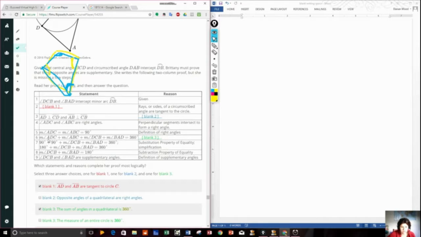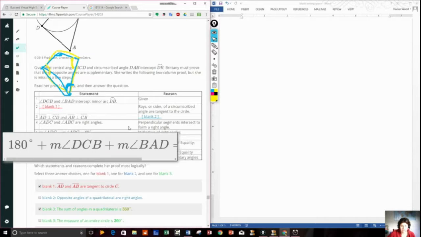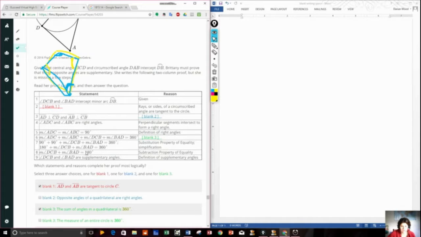Then it goes on to simplify this. She substituted the measure of angle ADC, which was 90, and the measure of angle ABC, which was 90, which is 180. Then she subtracted 180 from 360, which left her the 180 here.